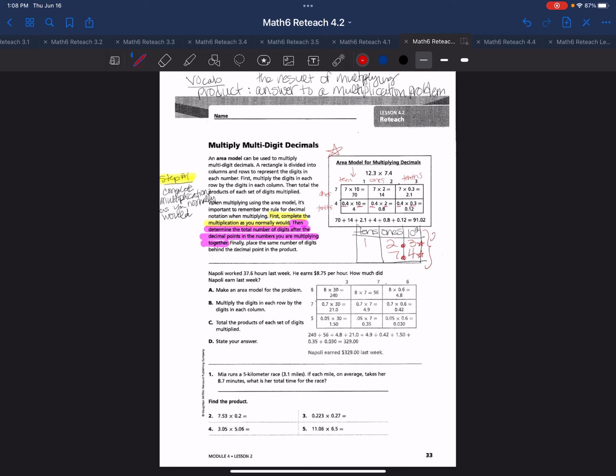So I have 2 digits after the decimal point in this problem.